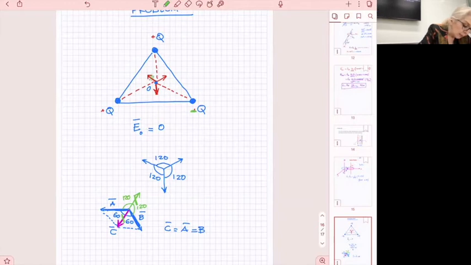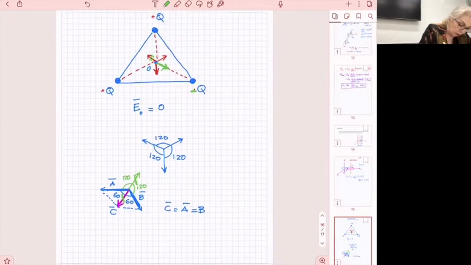Instead, this one is going to go like this, towards that minus Q. And when it goes like that, you're not going to have these vectors, but you're going to have these two vectors. 1, 2, those will be at 120. And then there's going to be another vector here equal to these other two at 60.